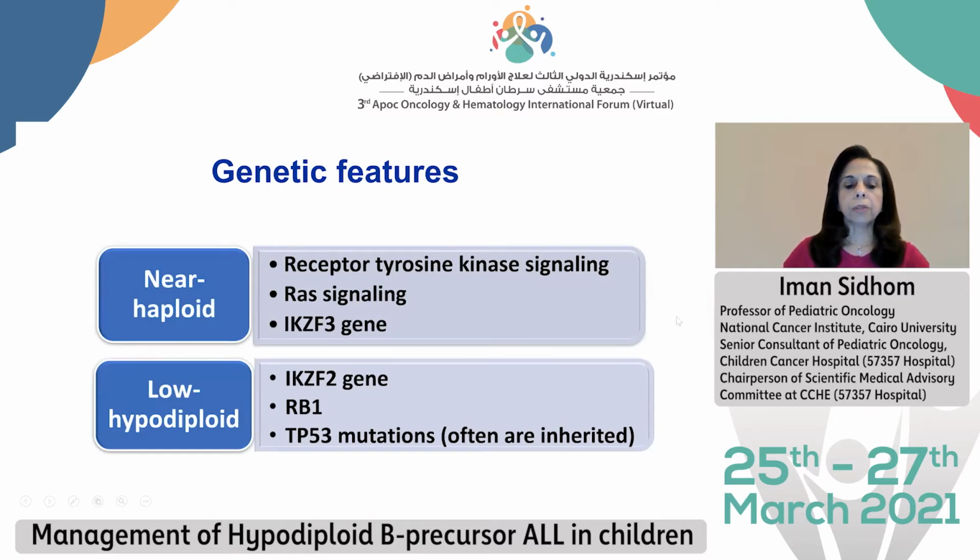The near haploid is characterized by genetic alterations that target the receptor tyrosine kinase signaling, the RAS signaling, and the Ikaros F3 gene, while the low hypodiploid ALL has somatic genetic alterations that involve the Ikaros F2 gene, the RB1, and in particular the TP53 mutations, which are often inherited.